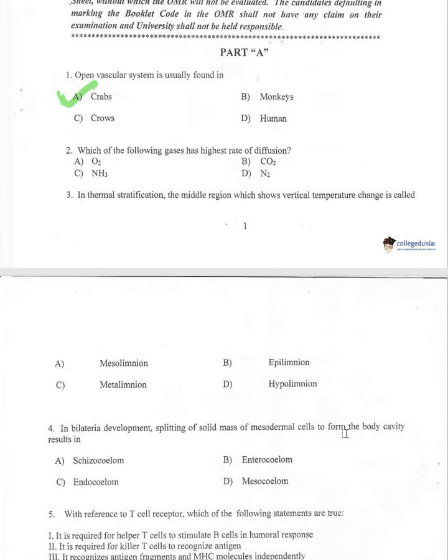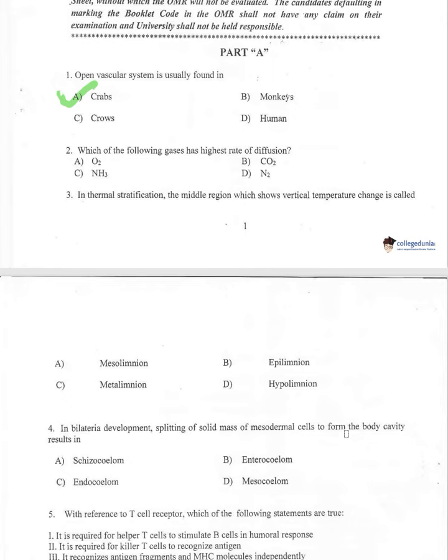Question number 2. Which of the following gases has the highest rate of diffusion? Option A, oxygen, B, carbon dioxide, C, ammonia, and D, nitrogen. Diffusion of gases follows a law called Graham's law.